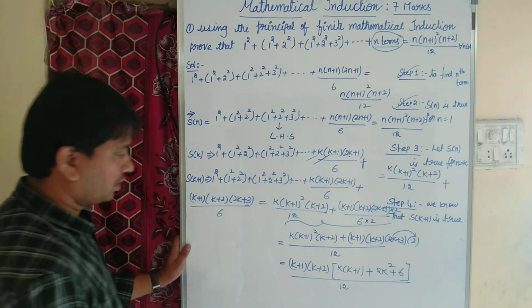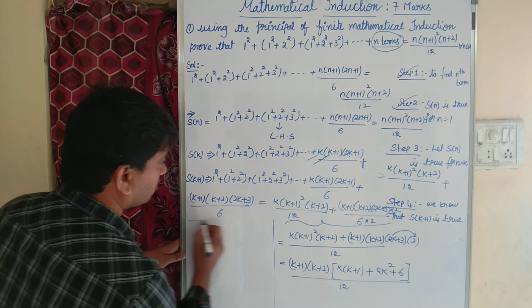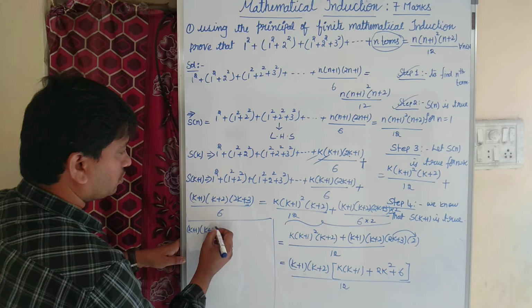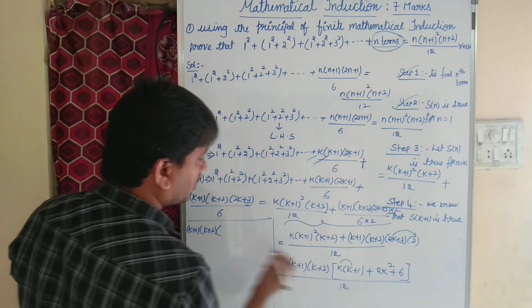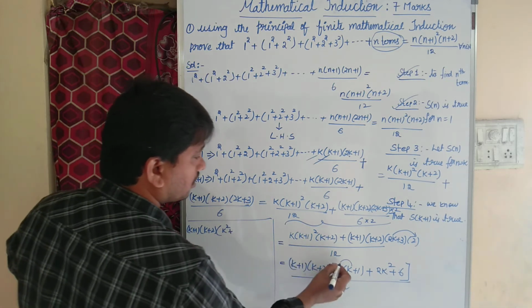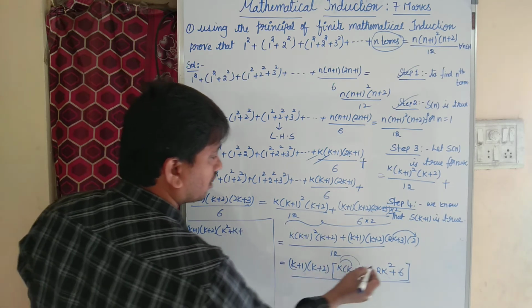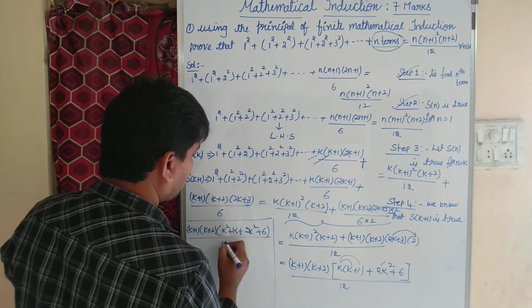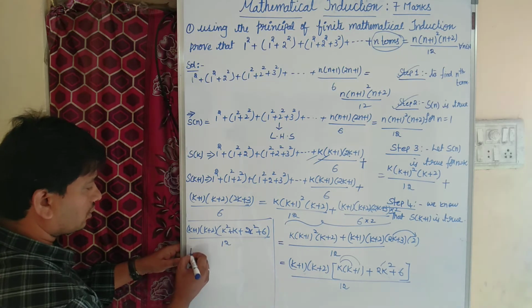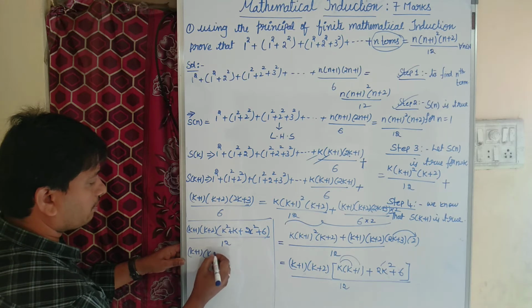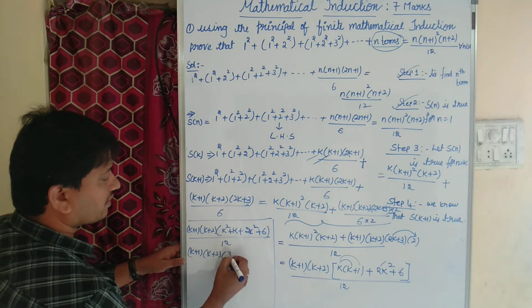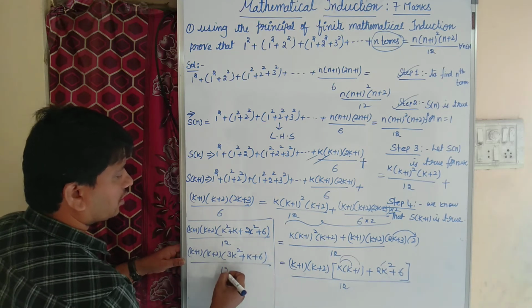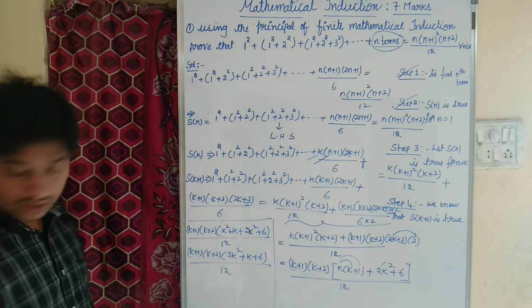So again let me do it over here. So k plus 1 into k plus 2 into, k into k plus 1 is k square plus k, plus 2 into 2k plus 3 is 4k plus 6, so 3k square plus k plus 6 divided by 12.